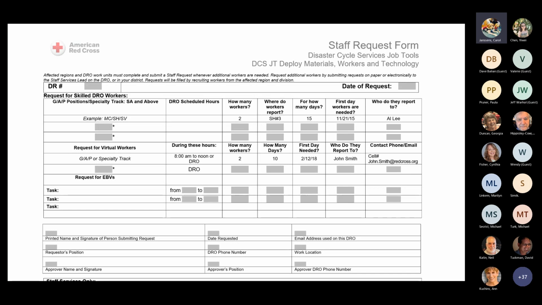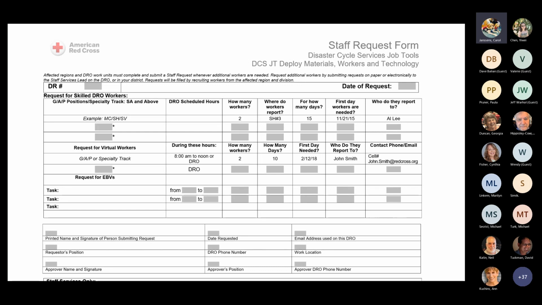Again, it takes 2 or 3 days to deploy new people in, so we want to request staff. It also is good for EBVs. We use the same form for event-based volunteers, for those who don't know. Those are people that aren't part of Red Cross, but there's a disaster in their area and they want to help.